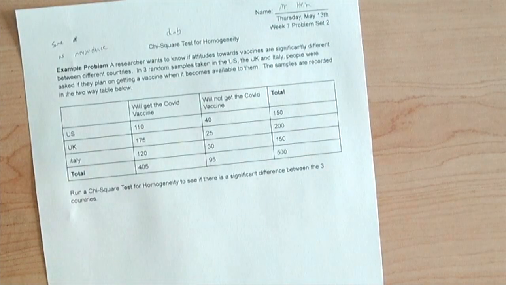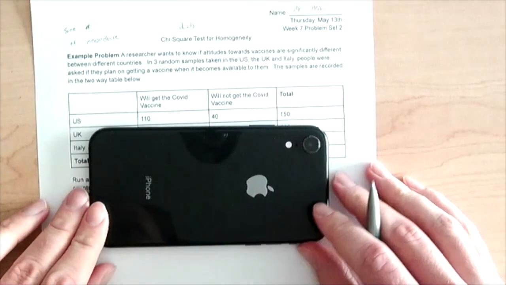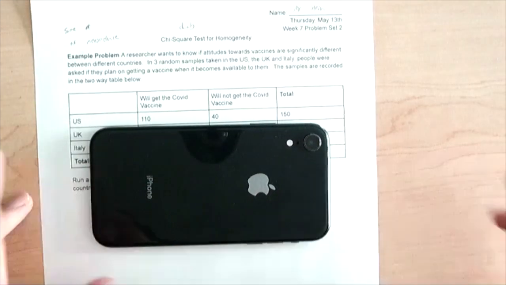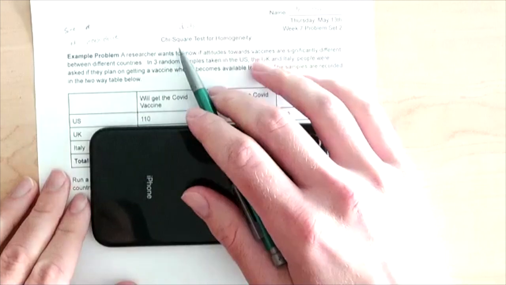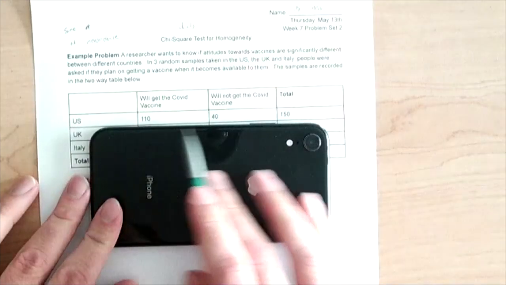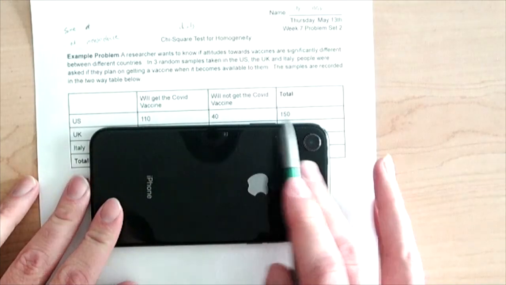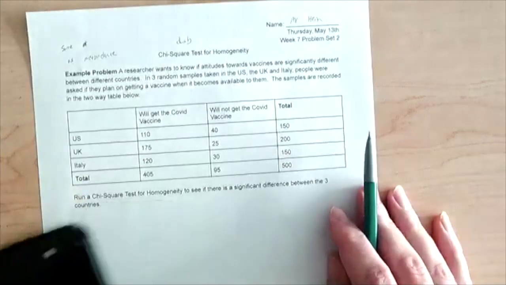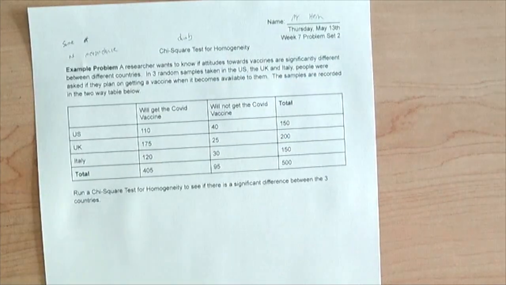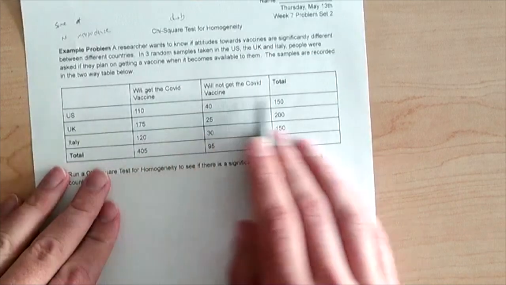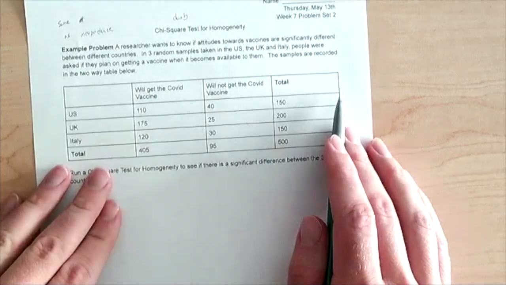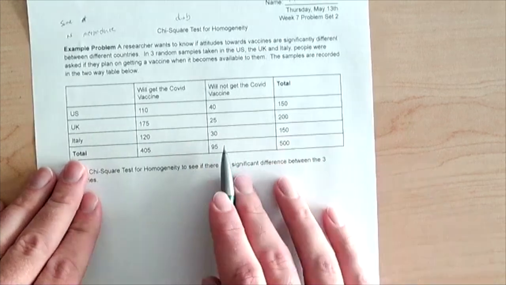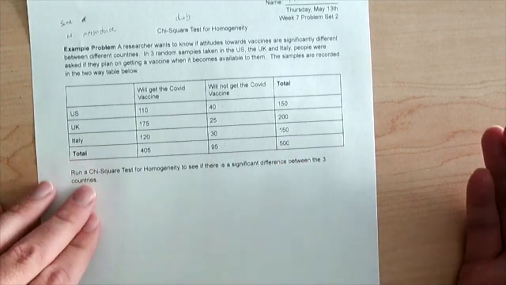But that to me doesn't warrant a third different name. Sorry if I'm being confusing, but think of it like there's really only two types of chi squared. You either have a single row, or you have a full two-way table. And either way, you're comparing the values that were observed with what you would expect to happen.